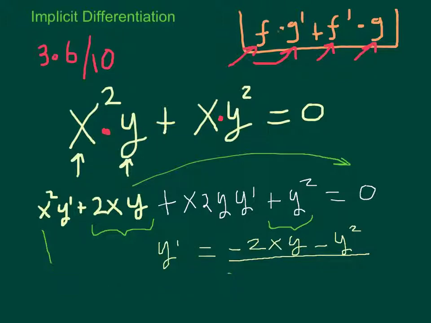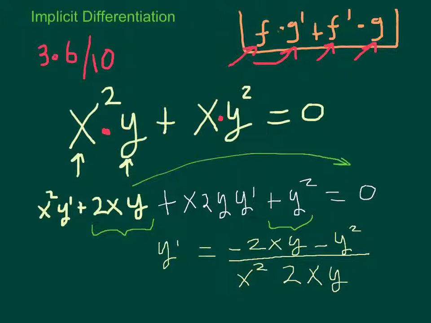Let's just write this thing. Okay. So we have x squared, and we also have 2xy, and that's it. That's your final answer.